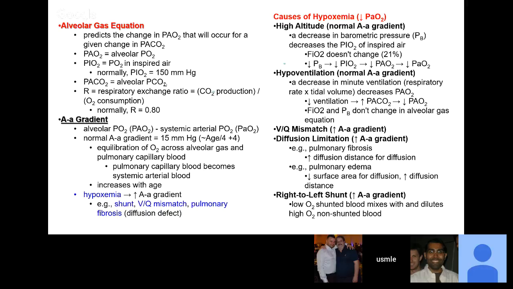All the oxygen-rich blood is going to be diluted and non-shunted, the one that you're going to breathe in. But anything that is blood is going to be mixed up, and those are pretty much people that do have a hole in their heart. This is what they're going to have.